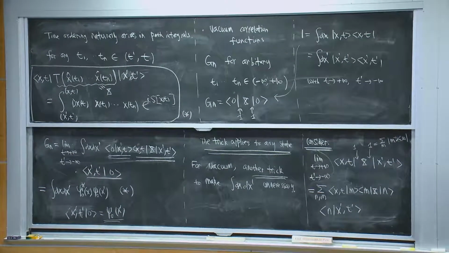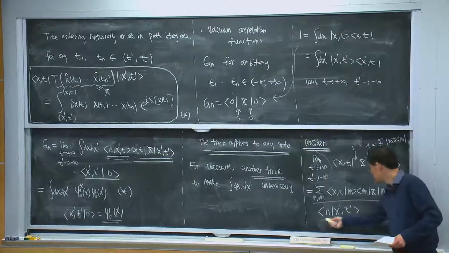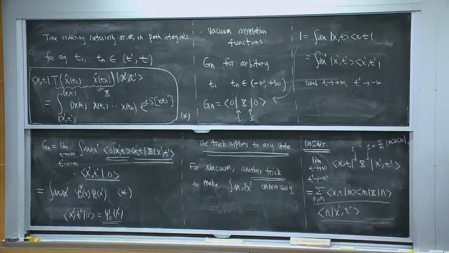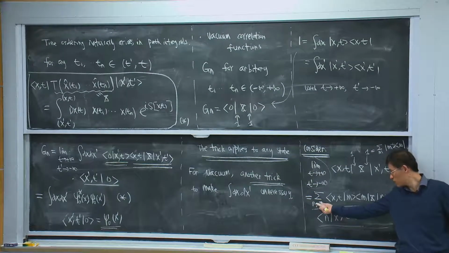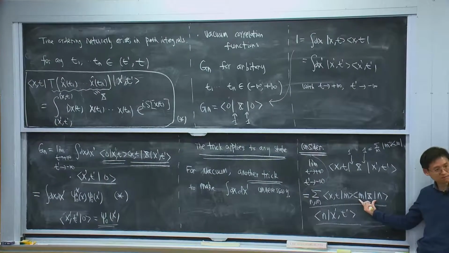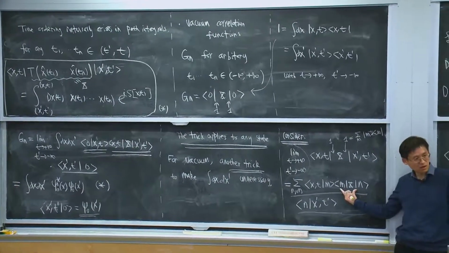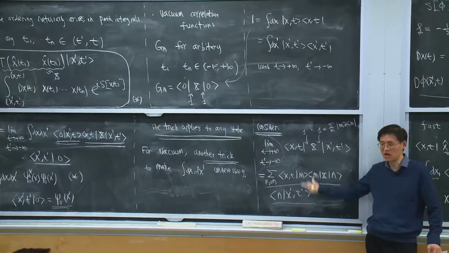Now if we look at this sum, when n and m equal 0, this is the object we want. But it also contains many, many other things.